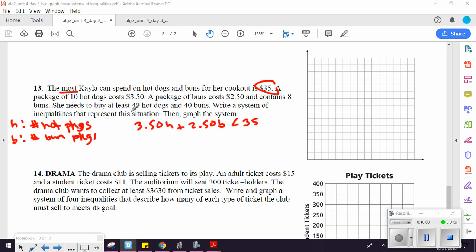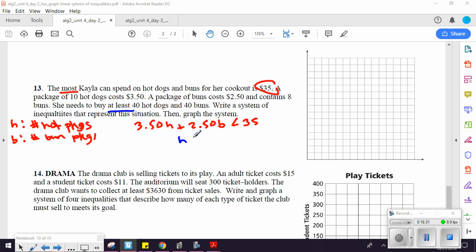Then we need at least 40 hot dogs. So if H is a hot dog package, and there's 10 hot dogs in a package, that means we need at least 4 packages.